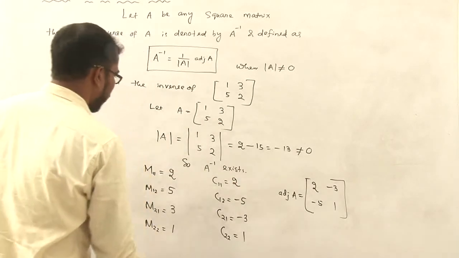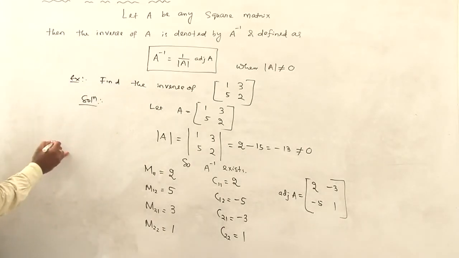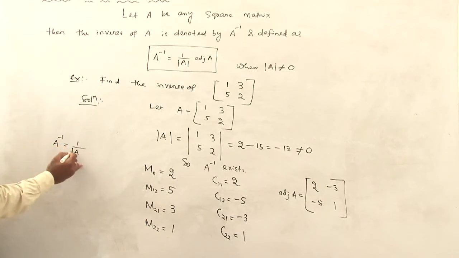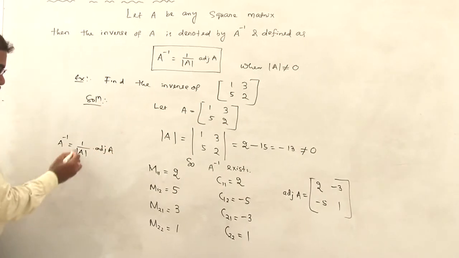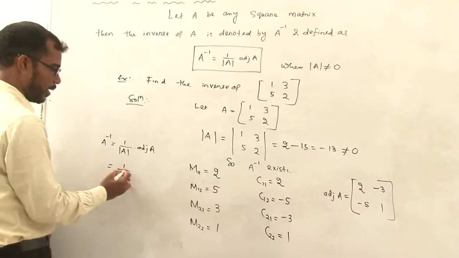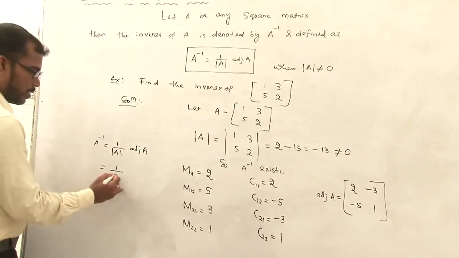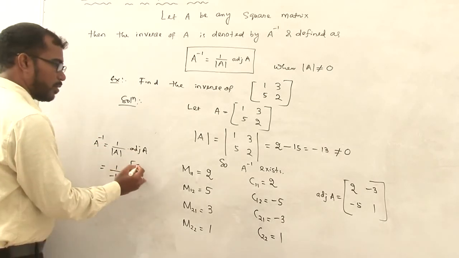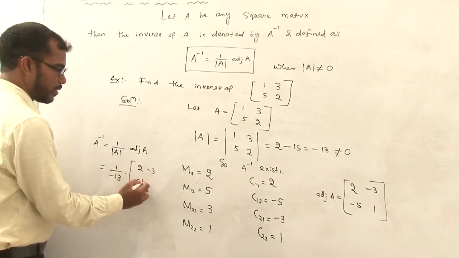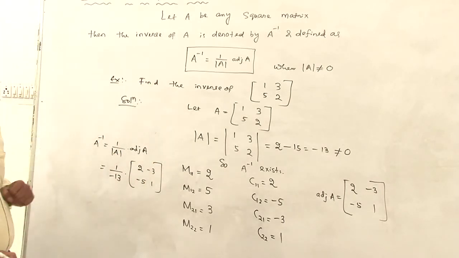Now we write the formula. Inverse of A is equal to 1 by determinant of A into adjoint of A. If we put the value, the determinant of A is minus 13, so here minus 13, and the adjoint of A is 2, minus 3, minus 5, 1. So that is the solution of this matrix.